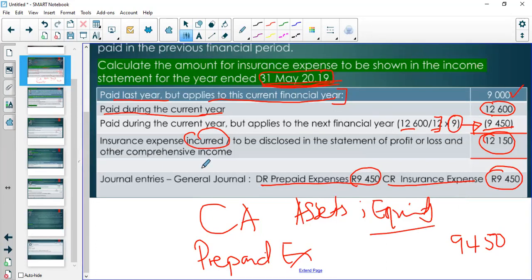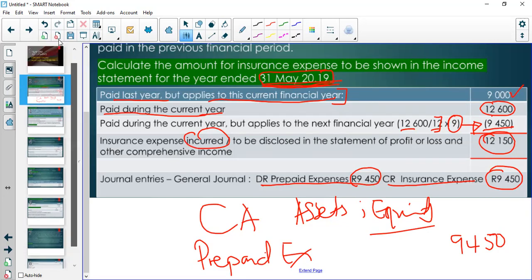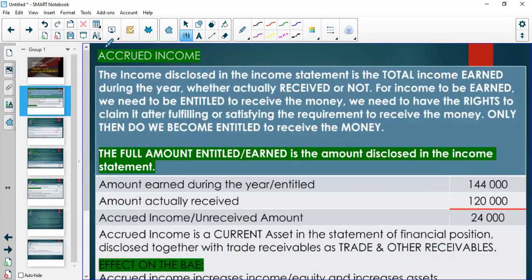So far we have covered accrued expenses, which is a current liability. We have covered prepaid expenses, which is a current asset. Moving on, we go to accrued income. So basically, accrued income is that income which we haven't received, but we're supposed to receive it.